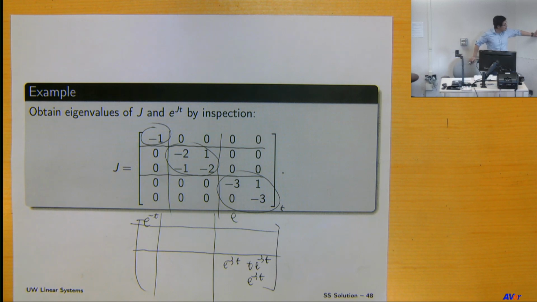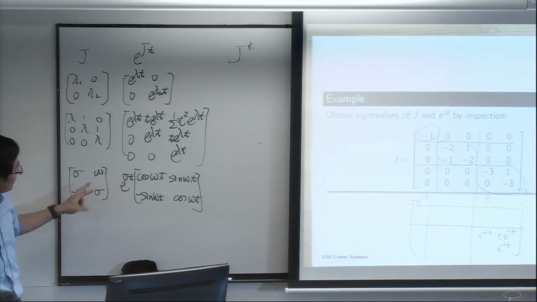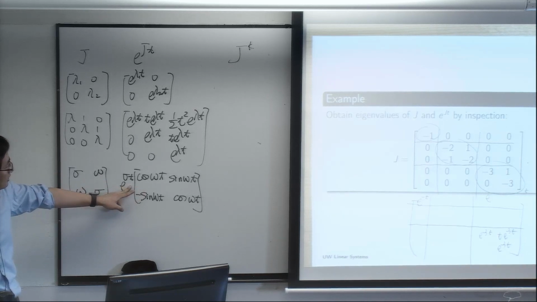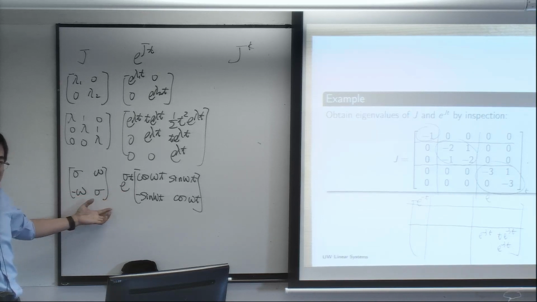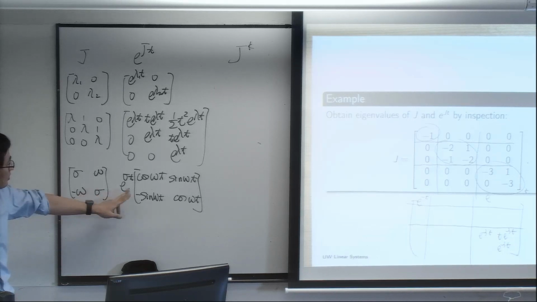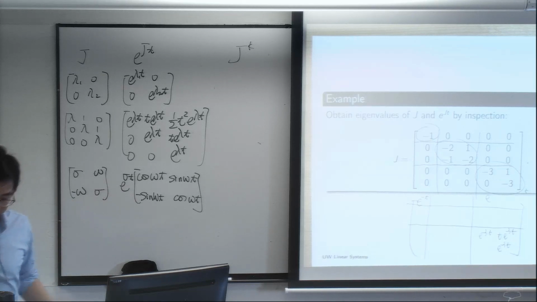So this contains complex roots. We talked about how to compute from here to here, and then this is the result, right? If you don't remember how to do this step, do not worry. I'm going to provide you the simplest case to compute e^{At} if A is like this later.